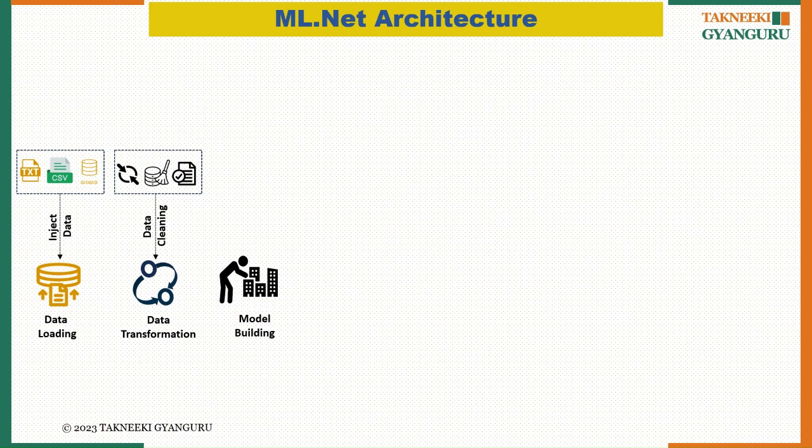Then model building. In this case, we create a model based on the data ingested. To build the model, we have to apply some algorithm. What are those algorithms? We will talk about a few. Later, in the upcoming videos, we'll talk about these algorithms in detail. First of all is classification.